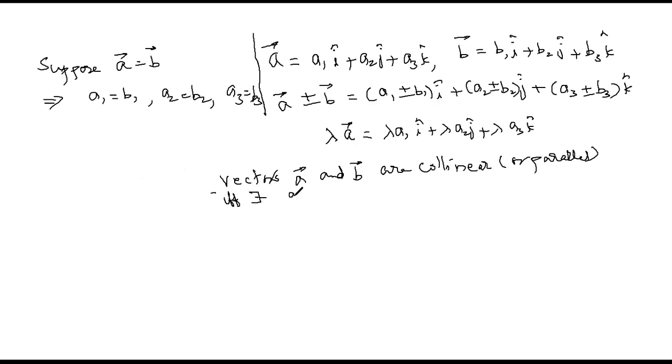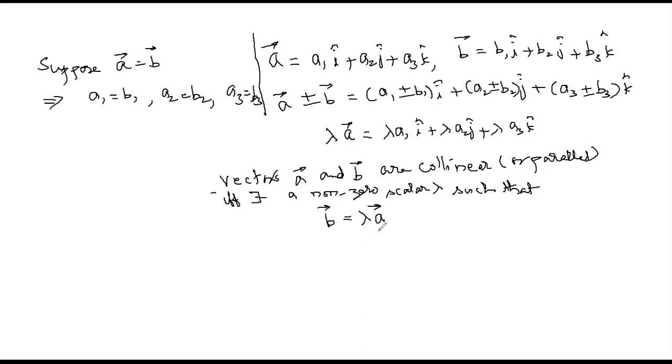There exists a non-zero scalar lambda such that we can write vector B is equal to lambda times vector A. This is the condition of showing the collinearity or parallel vectors.